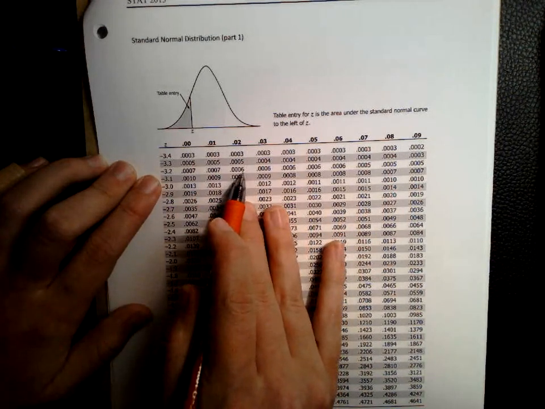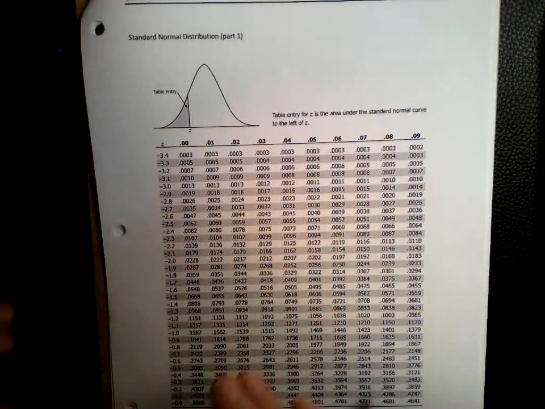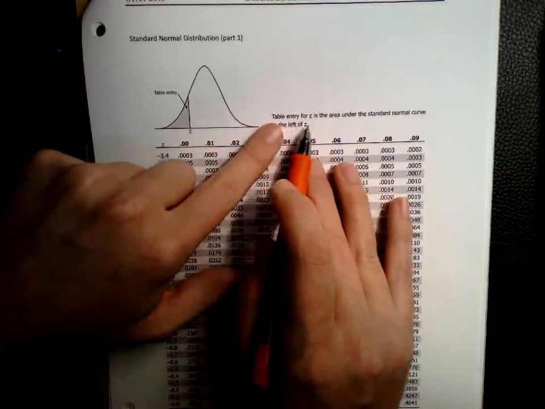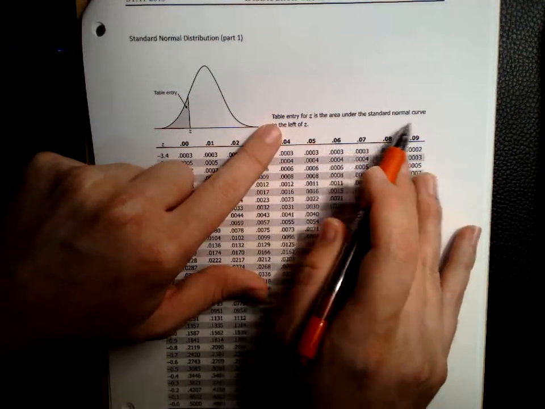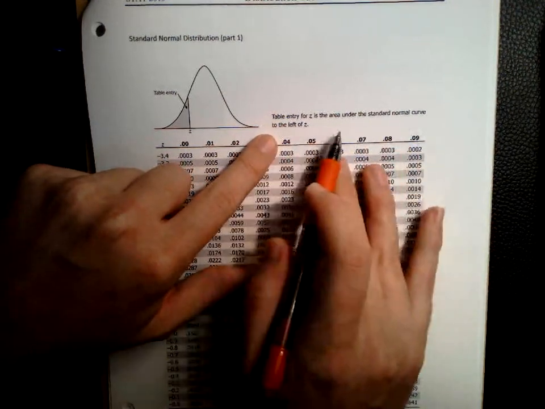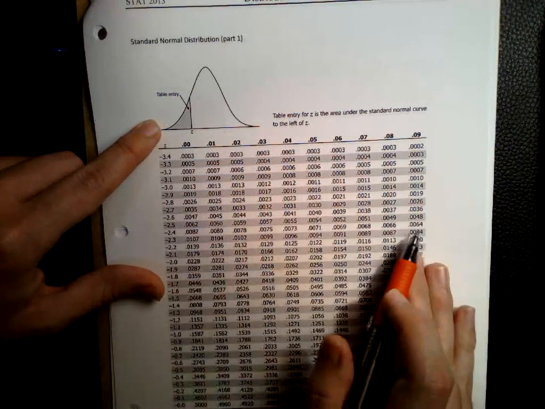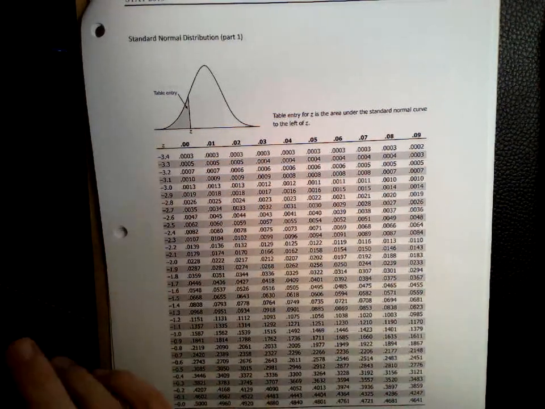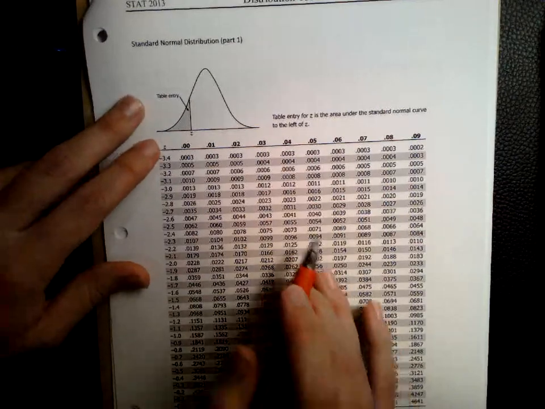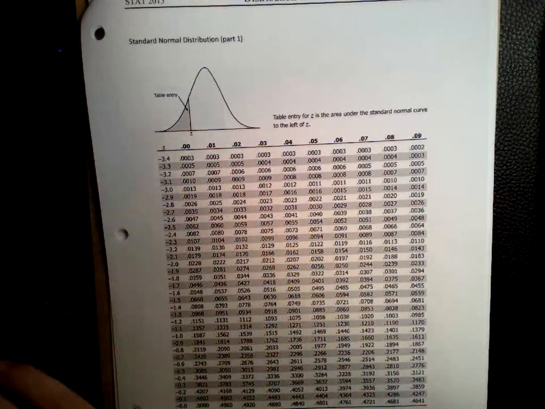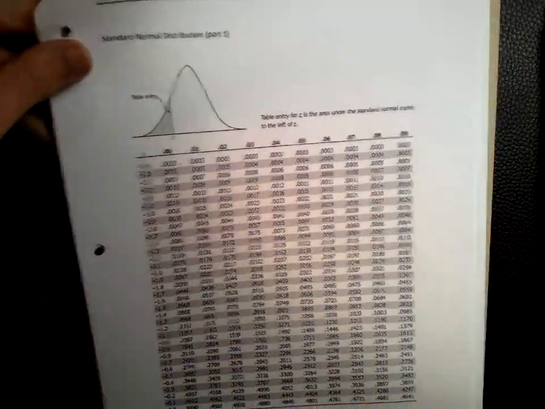And since I said what's the area to the left of that already, it would just be this here. Important thing to note that table entries for z is the area under the standard normal curve to the left of z. It'll tell us the area to the left of this z-score in the table. So if we want the area to the right, then we need to take 1 minus the area to the left. And I will show that later in an example.